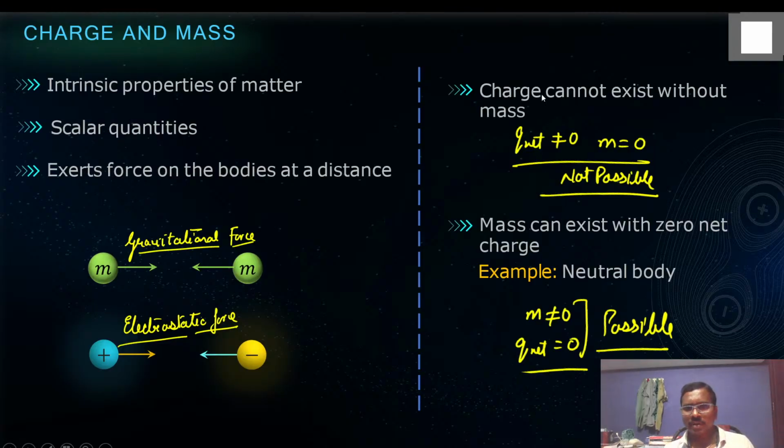So if mass is zero, charge is definitely zero. But mass can exist without net charge, so mass is not zero even though charge is zero. Sometimes they will ask statement-type questions on this. Keep it in your mind.